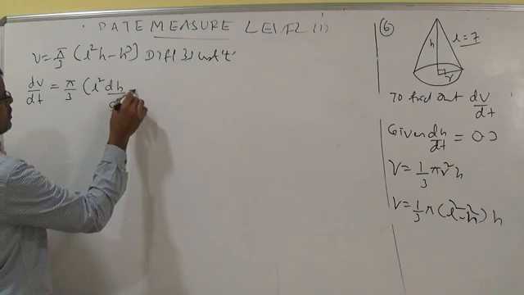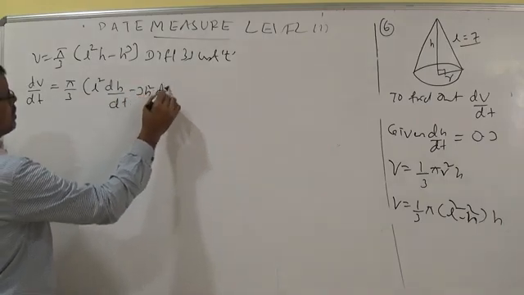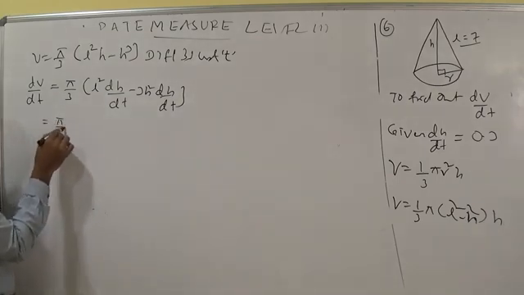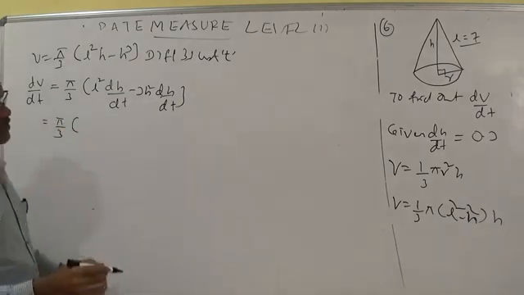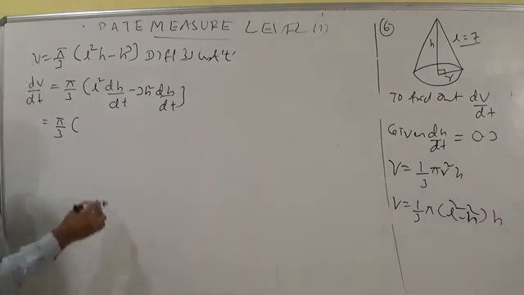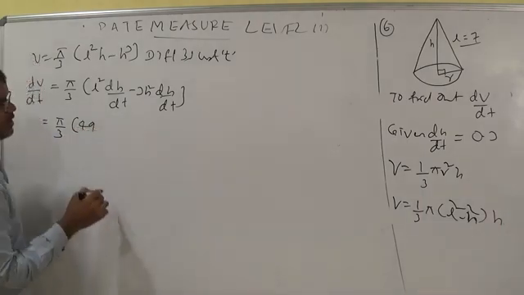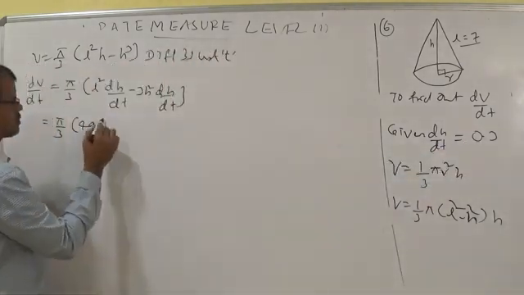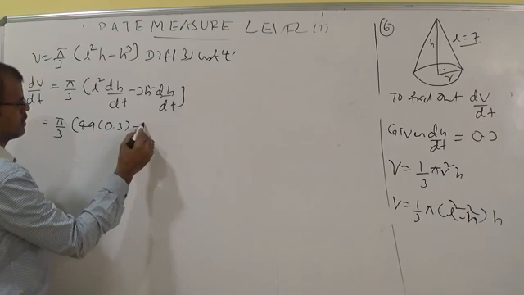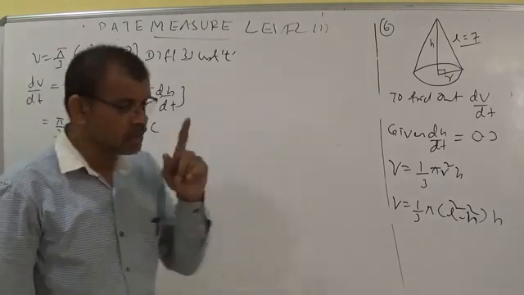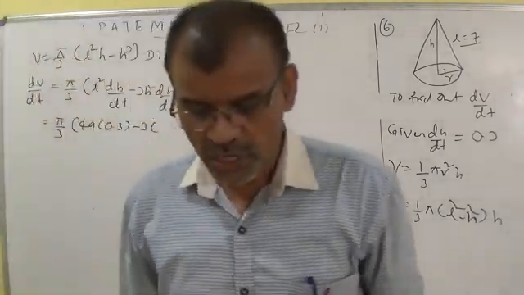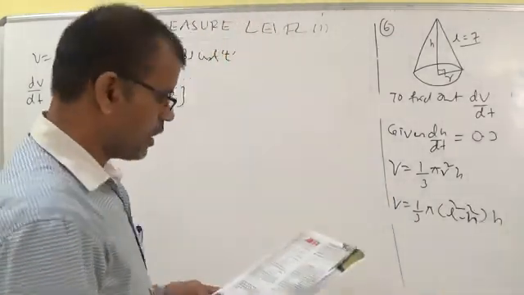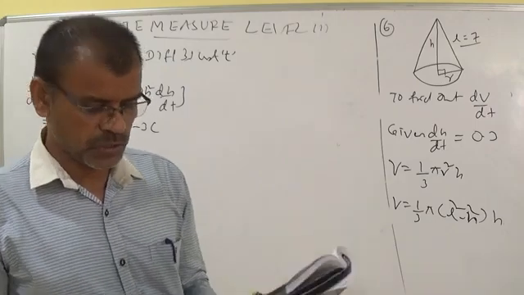That equals pi by 3 into L value 7 square is 49 and dH by dt is 0.3, minus 3 into, he has given in the question that H is equal to 4.